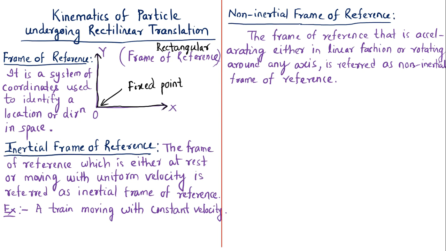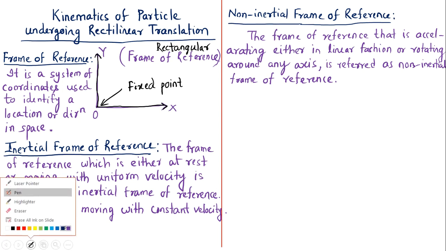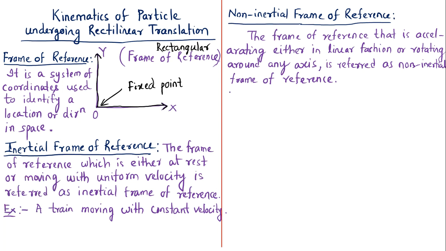Okay, so inertial frame of reference and non-inertial frame of reference. This is the difference. If a 2 marks question is asked, then you have to write the definition along with one example. The definition along with one example is sufficient to get 2 marks. Okay, but you have to write it. What is the example?